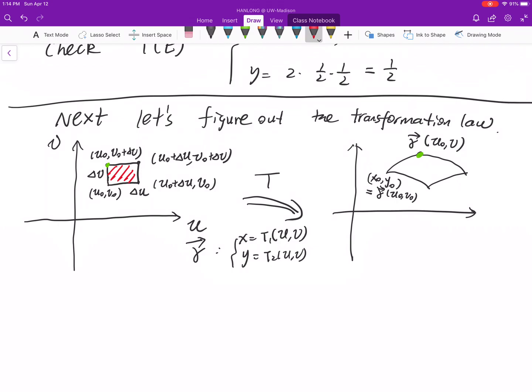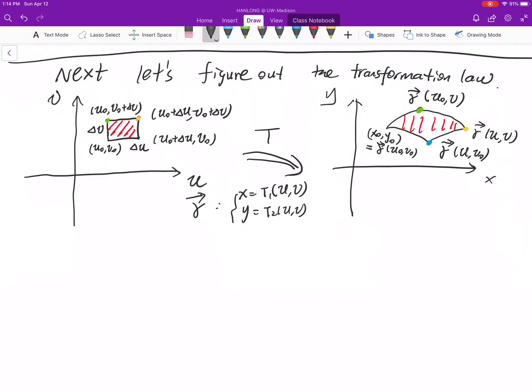And this point is gamma(u, v), and then this point is gamma(u, v0). Okay, and then the inside just maps to inside.